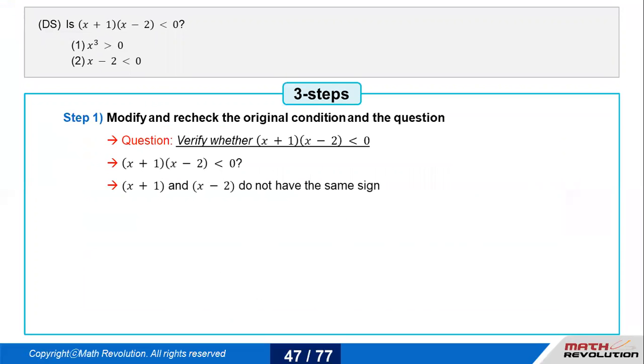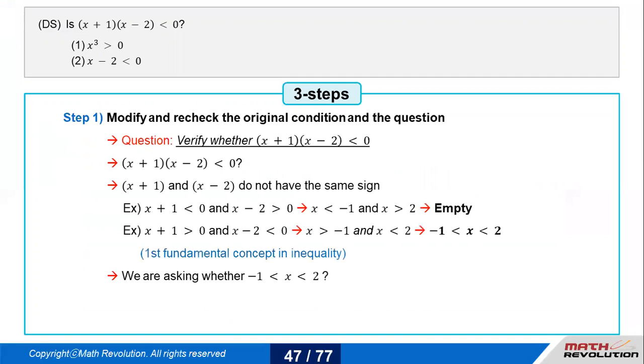So now x plus 1 and x minus 2, which is less than 0, they both will not have the same sign. So if x plus 1 is less than 0, then x minus 2 has to be greater than 0. So what we get here is x is less than -1 and x is greater than 2.